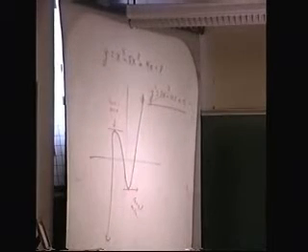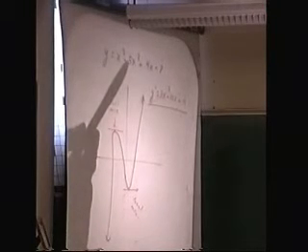Is it factorable? No, not quite. Almost makes it. We get a minus 8x in the middle. If I would have made this 2.5, then it would have worked out.